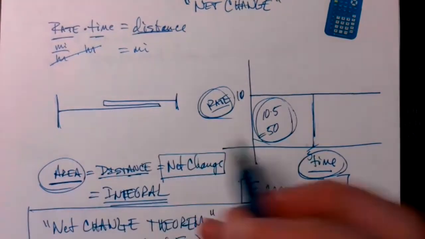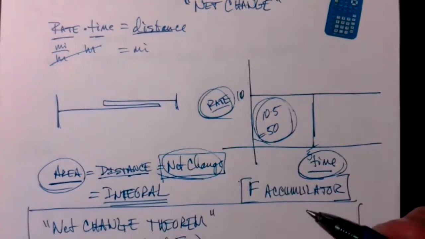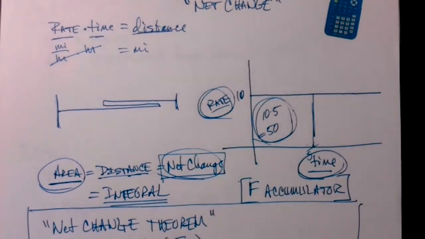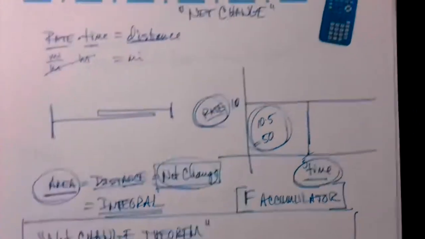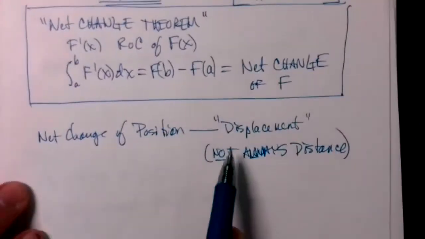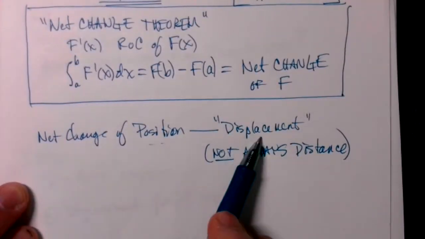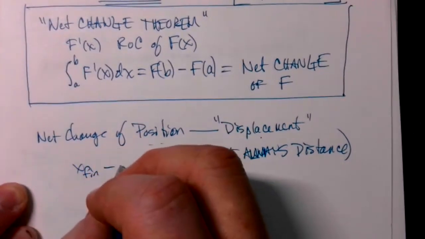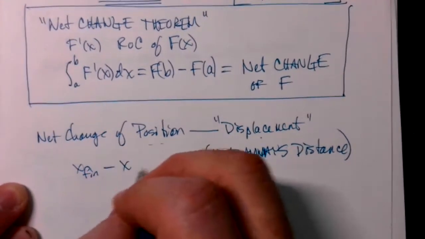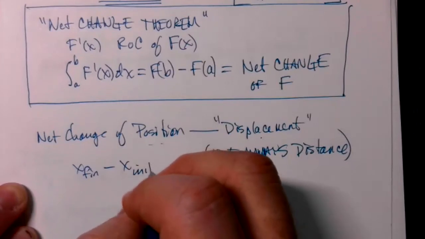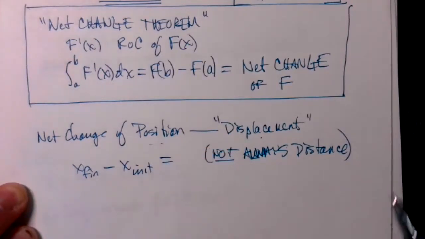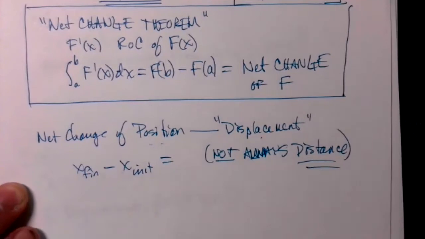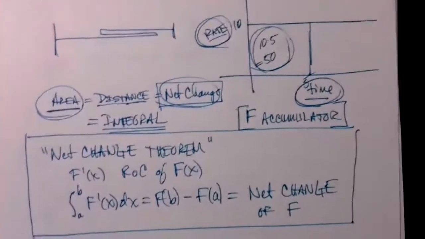So net change does not have to be the same thing as distance traveled. Displacement is how far you are from where you start when you end. So position final minus position initial is displacement, which is not always the same as distance, because you might go frontwards and backwards and that kind of stuff.